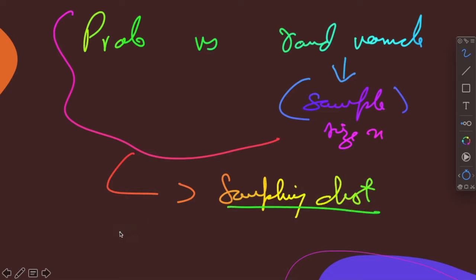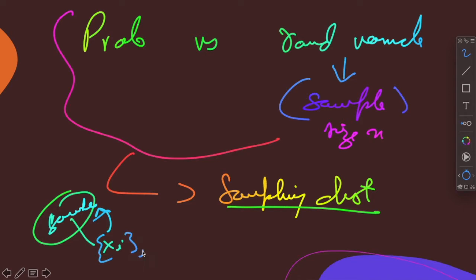Generally, we do not make a decision by taking out one item from the source and comparing whether it belongs to the source properties or not. It is only possible when we have a set of items from i equal to 1 to n. That becomes a sample, and the sample is compared with the source. That is the way we take advantage of the sampling distribution.